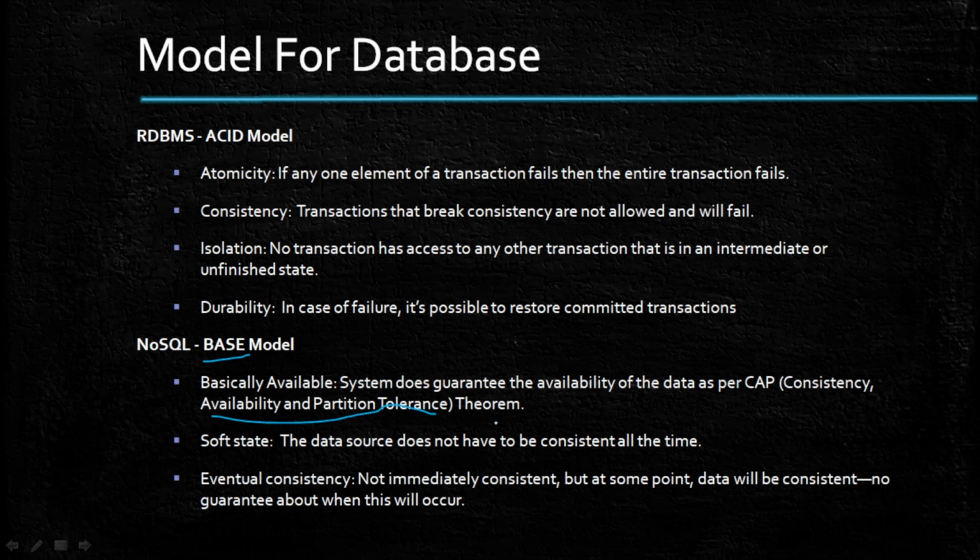Availability means that each read or write request of a data item will either be processed successfully or will receive a message that the operation cannot be completed. Every non-failing node returns a response for all read and write requests in a reasonable amount of time.